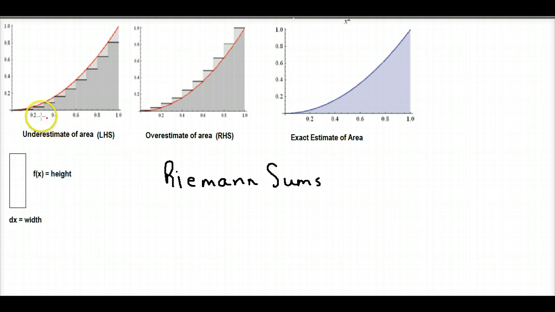Since the function is increasing, what we're actually doing is what's called a left-hand sum here. This function is y equals x squared, and we're plotting it from 0 to 1. We want to estimate the area under this curve by trying to fit 10 rectangles under the curve, and we do it by doing the left-hand sum.